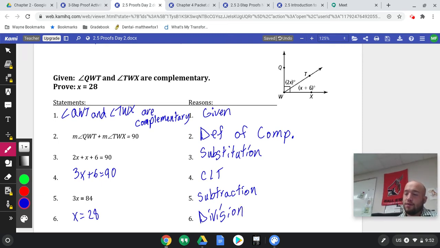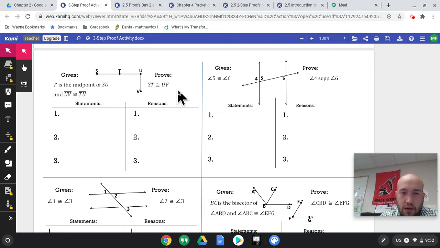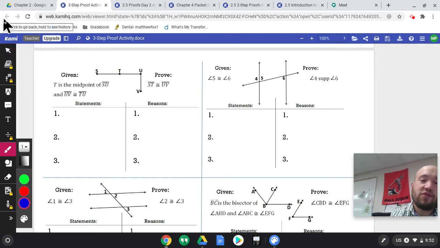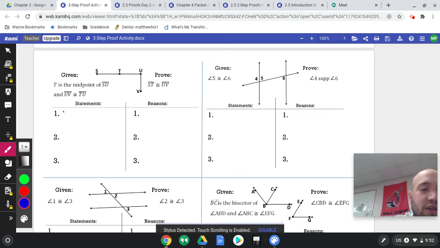All right, so one other type of proof I want to look at today, and as you can see here, we'll start with this proof up here. So the given, there's two different pieces of information that are given to us, okay? And we want to make sure we put those both. So some people might have you put them on two different lines. For this one, I'm going to go ahead and put them on the same step.